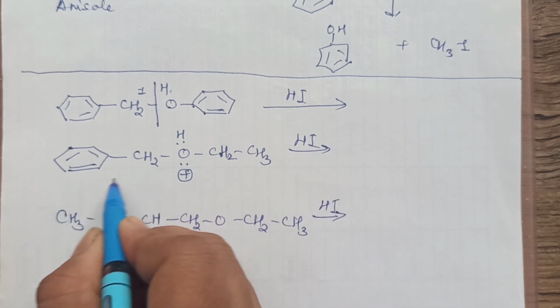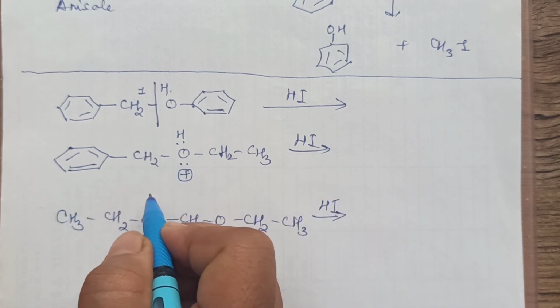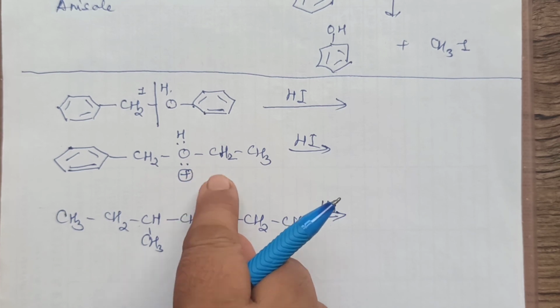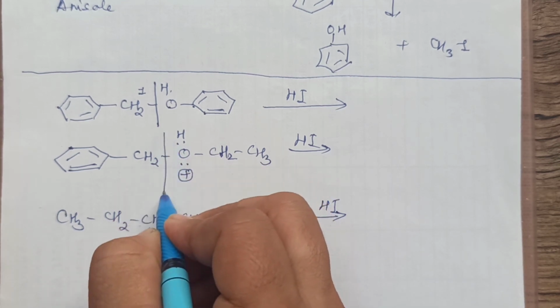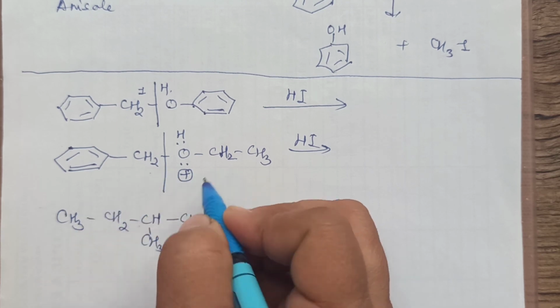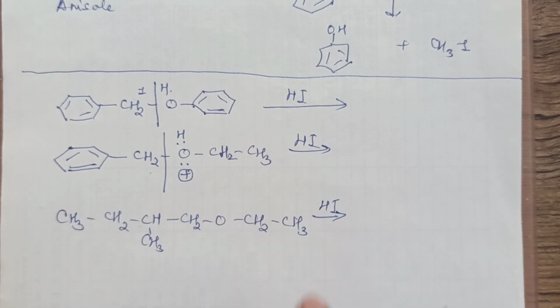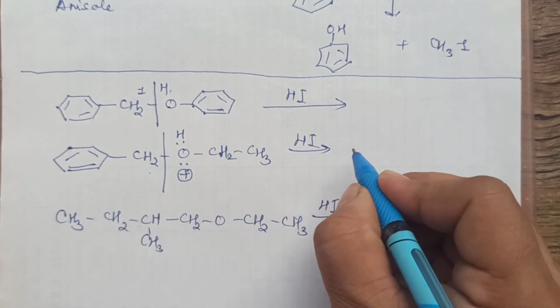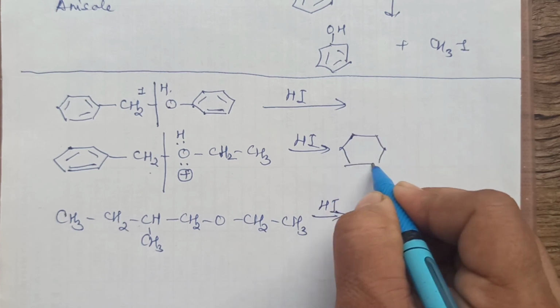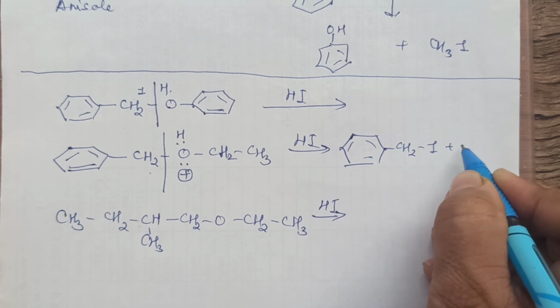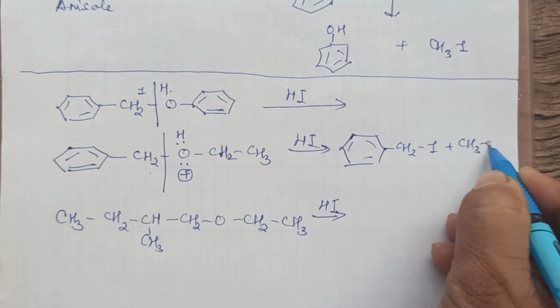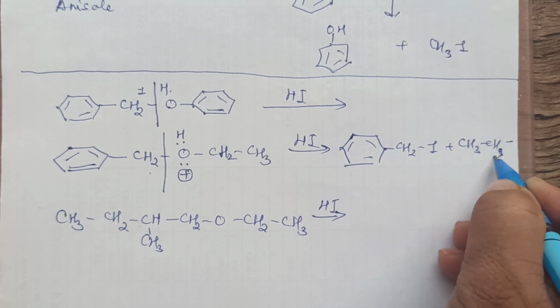On this side there is a possibility of a benzyl carbocation which is stabilized. So this one will follow the SN1 mechanism. So the bond is going to break like this. This side will get I and this side will get H. Normally we say the less carbon side should get I, but here it is not, because there is a possibility of a benzyl carbocation being formed. So children, the product you are getting here is this iodide, and you are getting CH3CH2I.